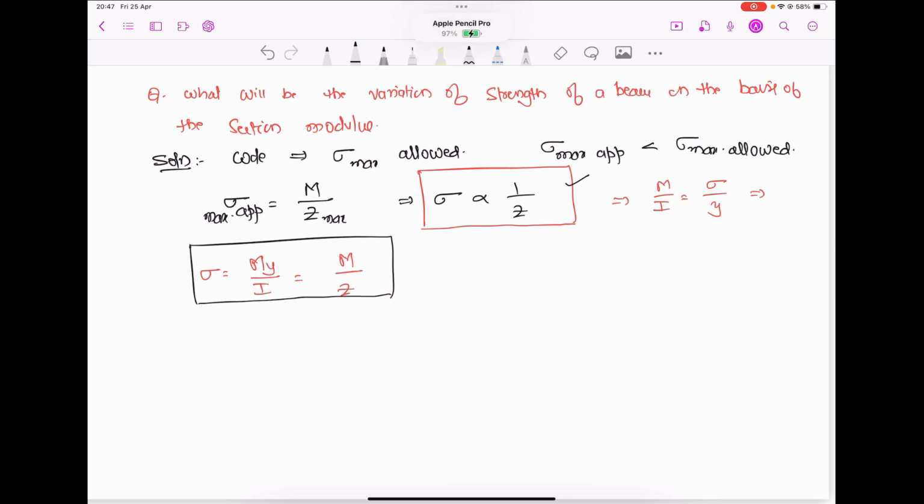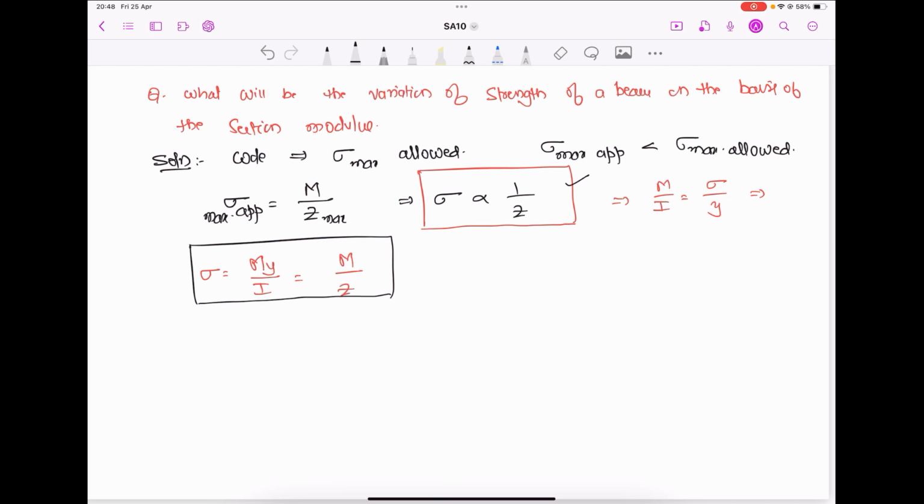When the section modulus increases, the stress at that particular point is reduced. When Z increases, the maximum stress applied reduces.